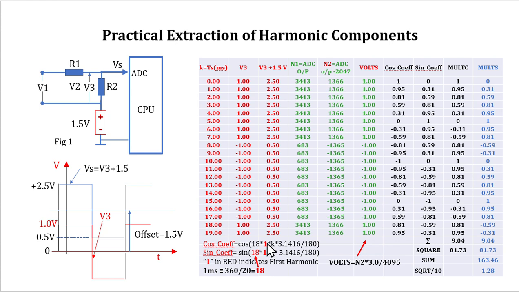So right now it is 18 into 1, multiplied by all, 18 into 1. But if you go for second harmonics, it will start with 36, 72, and so on. Right now it is 18, 36, 54, and so on, right? So these coefficients depend exclusively on the harmonic you are trying to extract.